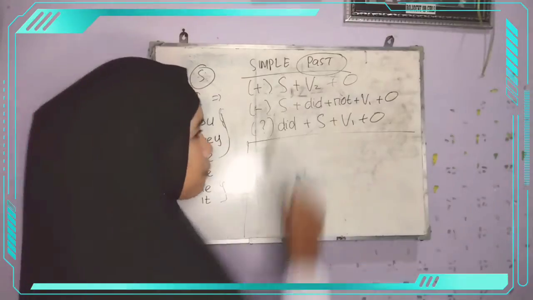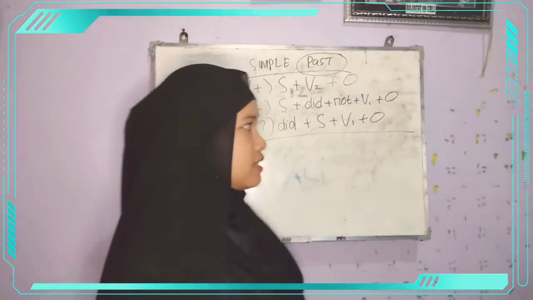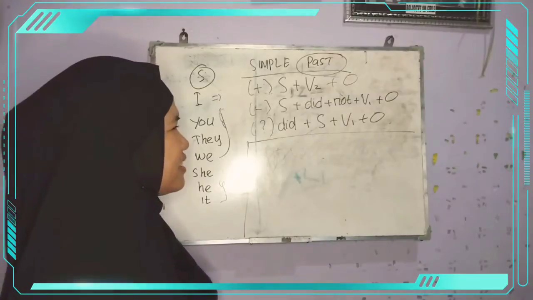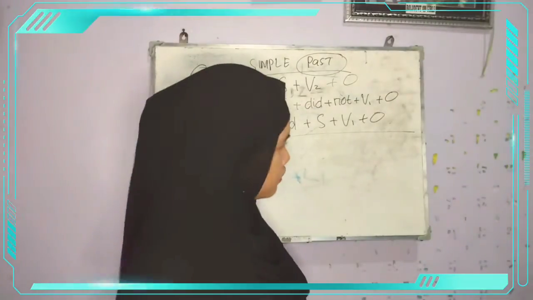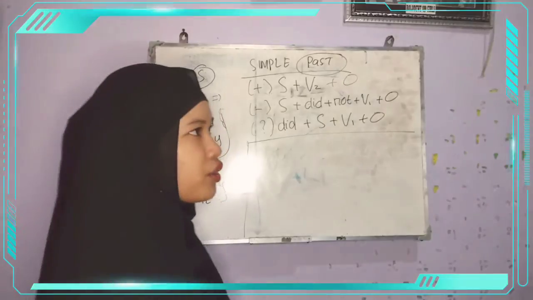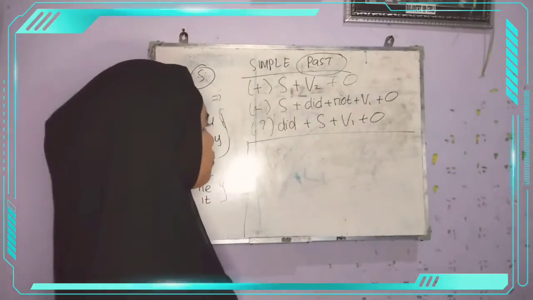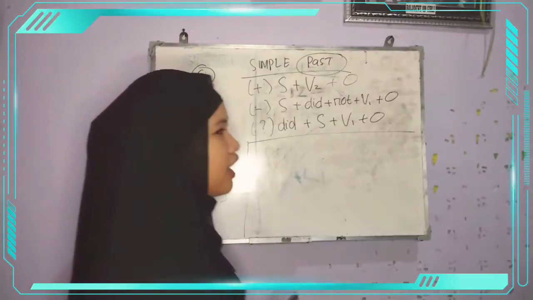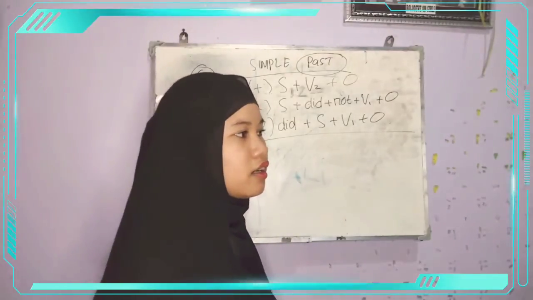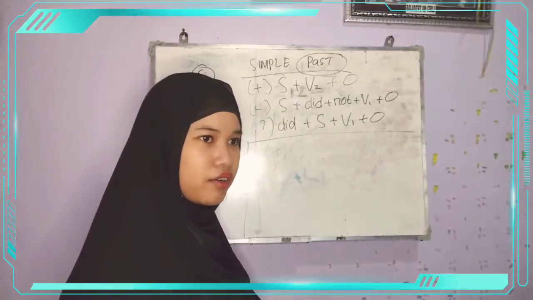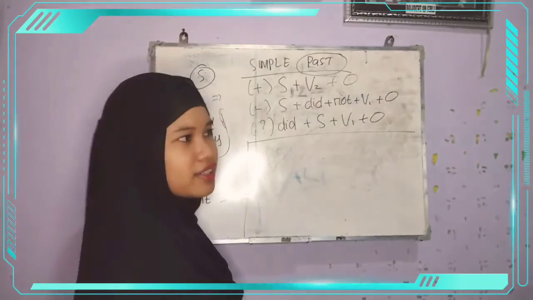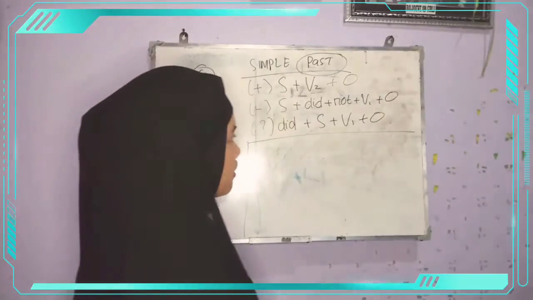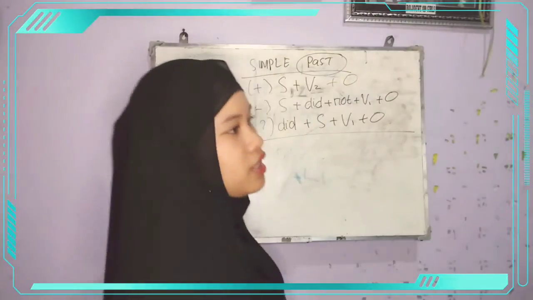For the simple past, you have to memorize because it's not really difficult but confusing. You will be confused when you find this in a writing test, a reading test, or your final test, maybe your examination.